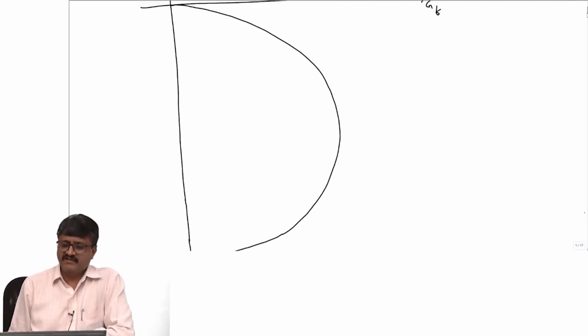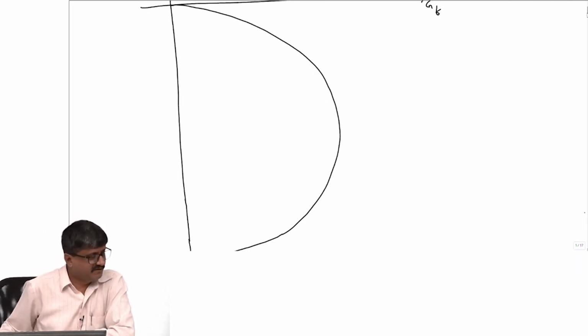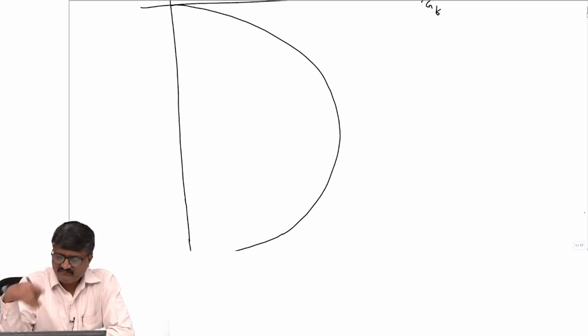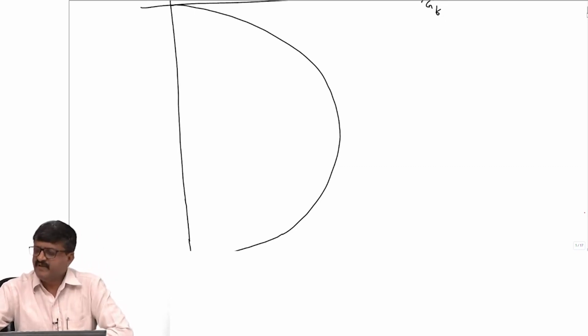So, we derived some conditions so far. So, we saw that one has to draw a tangent to the semicircle which makes an angle phi m. So, let me draw that tangent.